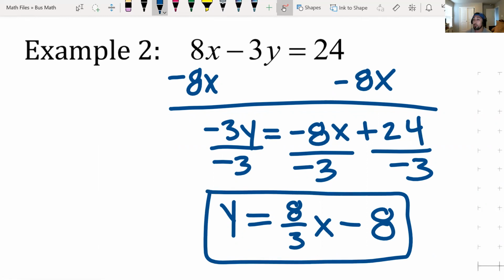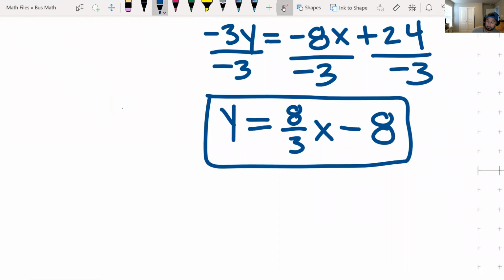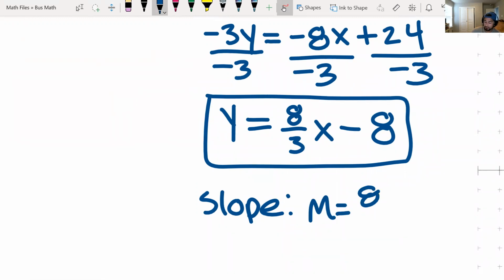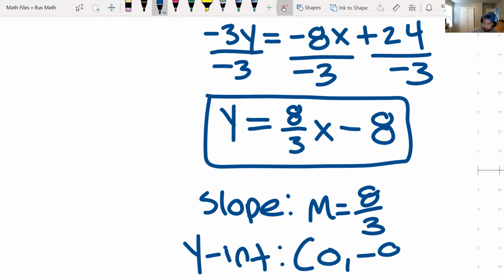There is our slope-intercept form of mx plus b. And now you can find the slope, which is 8/3. So m is 8/3. And you can find your y-intercept, which is negative 8. So (0, -8).